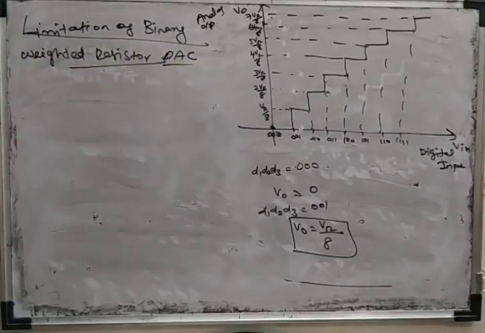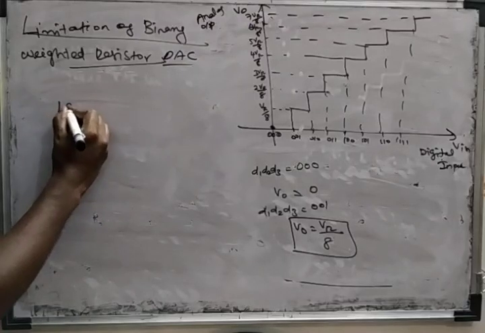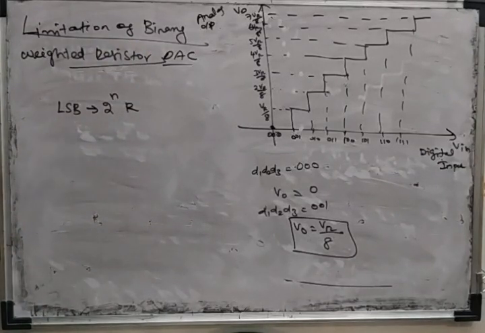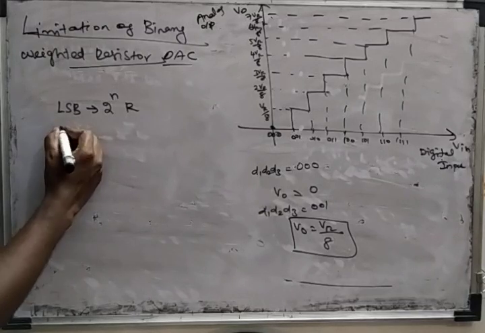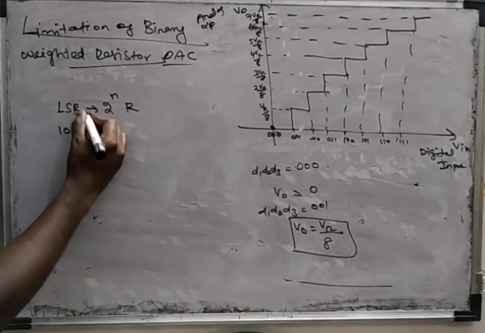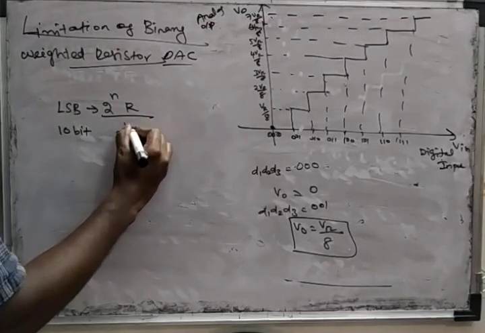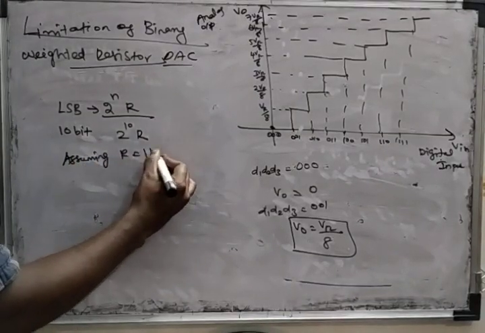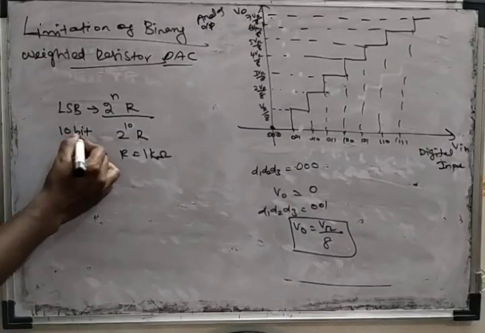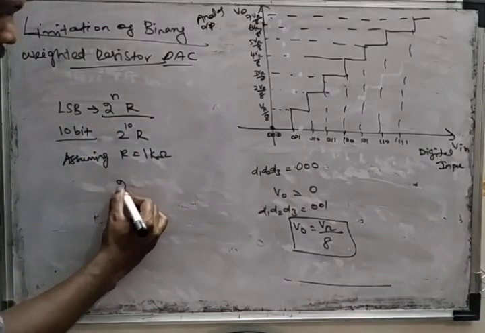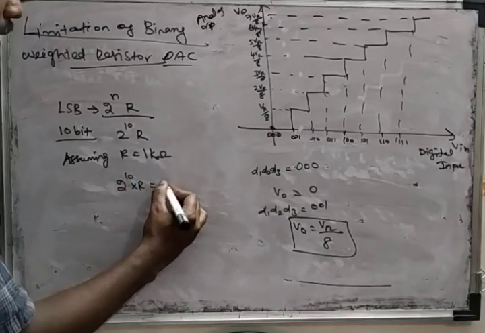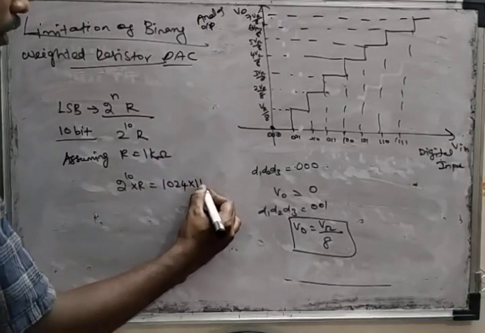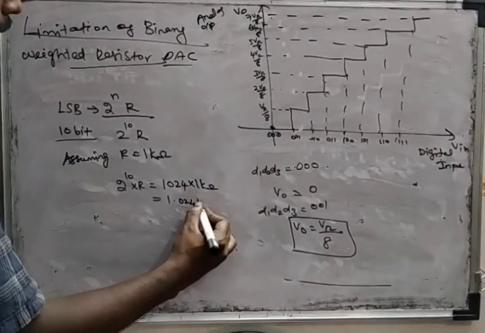The limitation is that the LSB weighted resistor is 2 power n into R. If you are using 10 bits, you need an LSB resistor value of 2 power 10 into R. Assuming R is 1 kilo ohm, 2 power 10 is 1024, so 1024 into 1 kilo ohm means a 1.024 mega ohm resistor is needed.